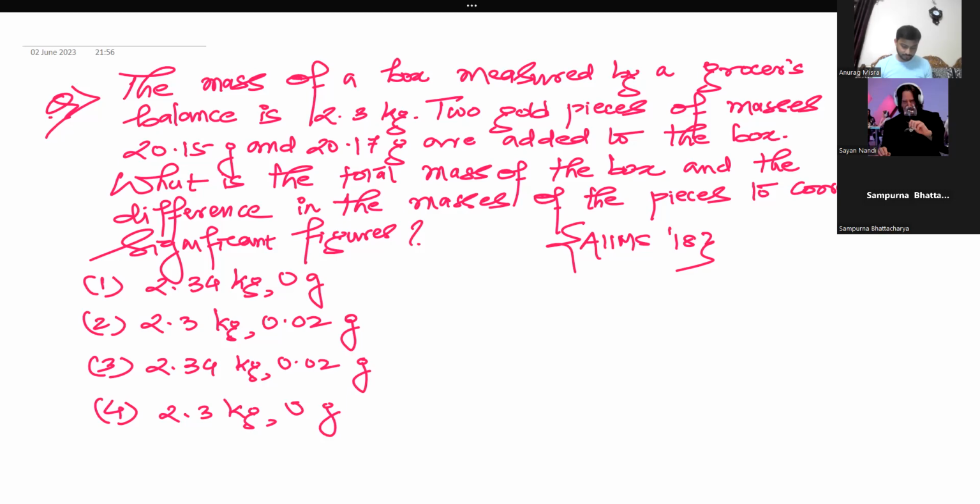Sampurna, what do you think? Sir, option 2. Option 2, right. तो सिंपल कर सकते हैं इसको सॉल्व हम लोग.